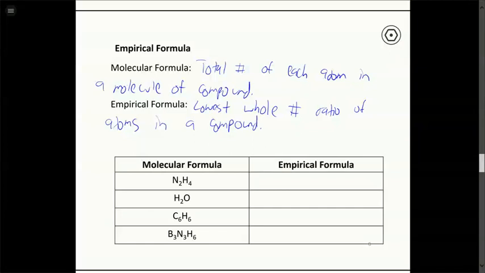Now when we find the formula for ionic compounds, we should realize that we already do this, right? When we find the formula for ionic compounds by balancing the charges, as we learned earlier, you always take the lowest whole number ratio. So, we saw that for calcium and oxygen, it wouldn't be Ca2O2, it would be CaO. You always take the lowest ratio. So for an ionic compound, you don't really have to do anything, or really the formula that you report for the ionic compound is the empirical formula.